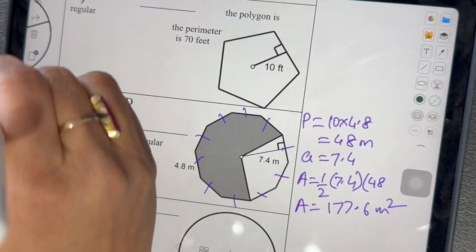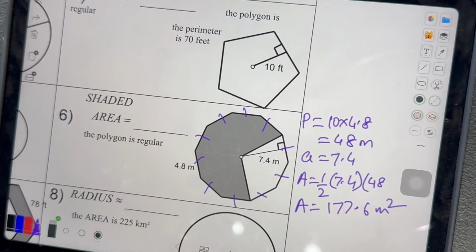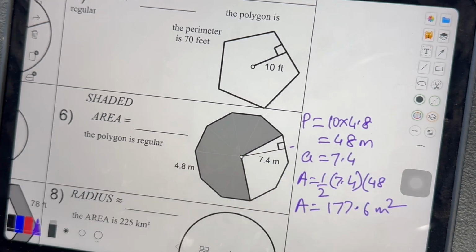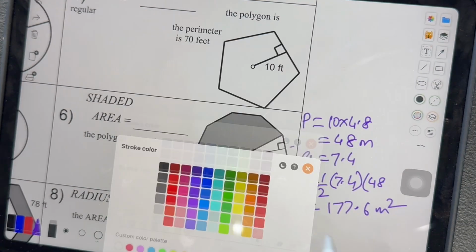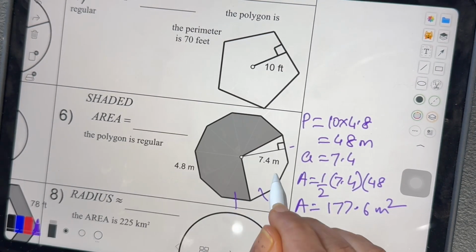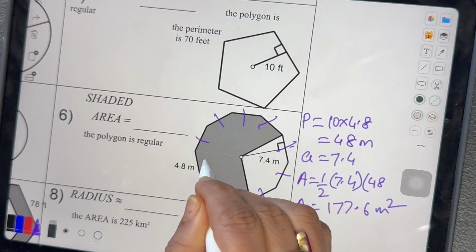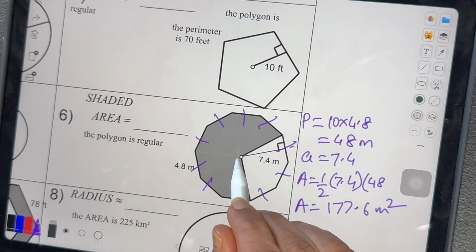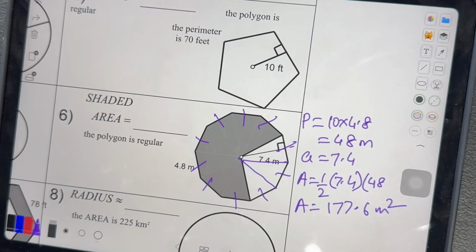But you have to find the area of the shaded region. How many sides did we find? 10. Was it 10 or 9? Did I count it wrong? 1 2 3 4 5 6 7 8 9 10. Oh, it was 10. So 10 means there will be 10 triangles, and the shaded region is 7 triangles.